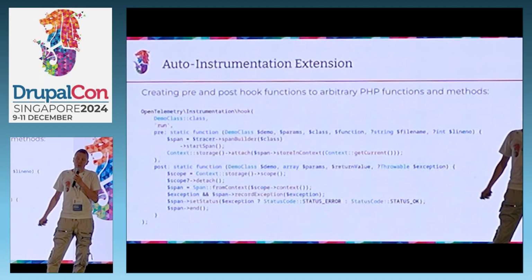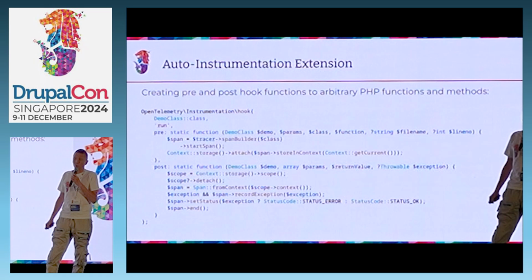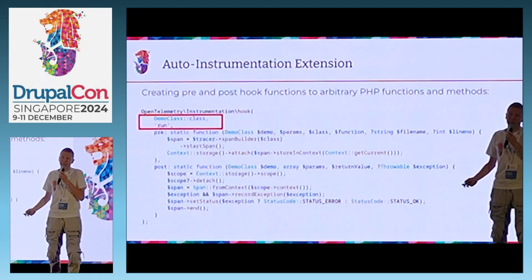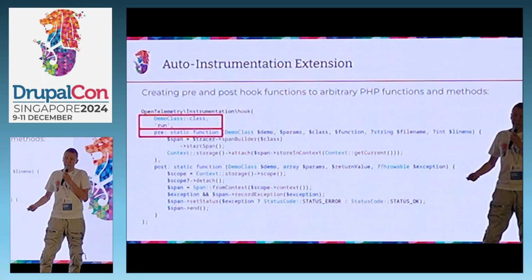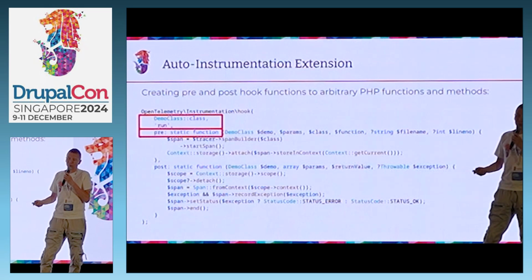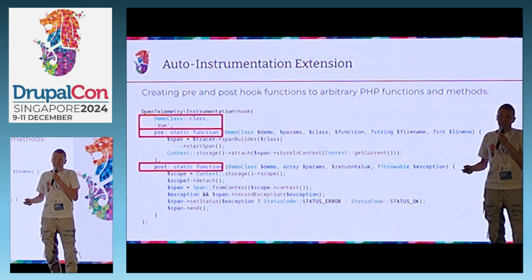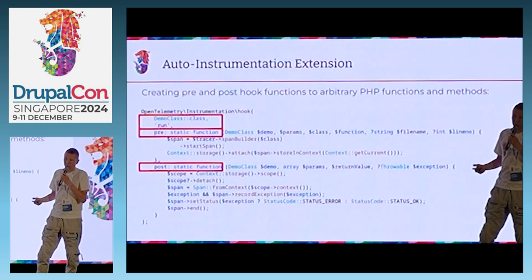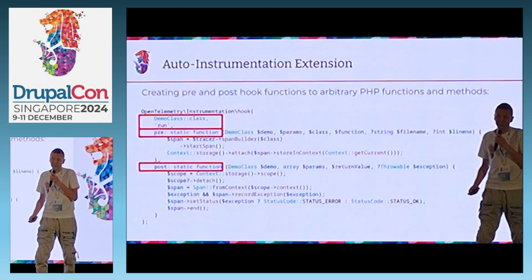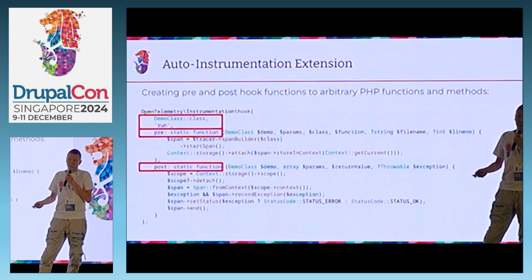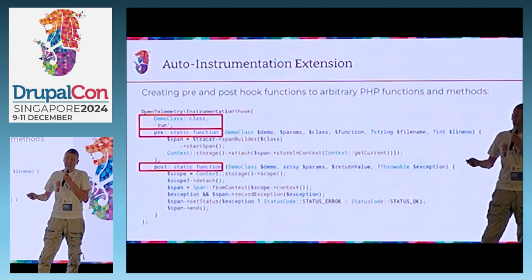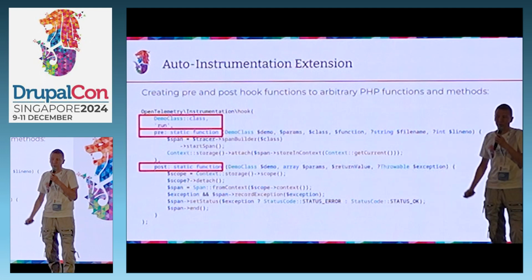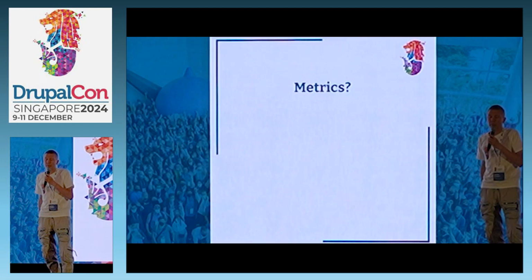So instead of extending your code, you can write a hook where you put the class name and the function name, and write the pre-hook and post-hook that can start a span, extract some information before the function is called, and when the function ends, you can again do some calculations, put some metadata to the span and all other information that you want.